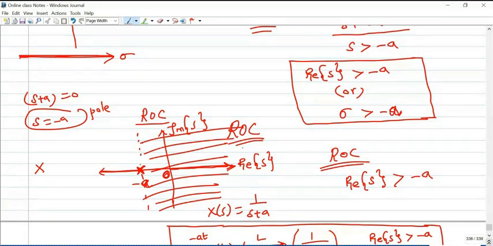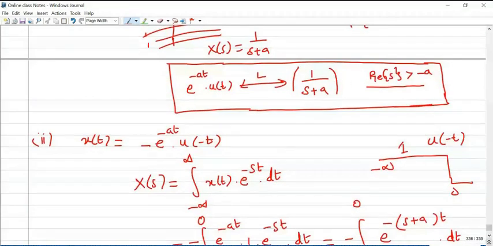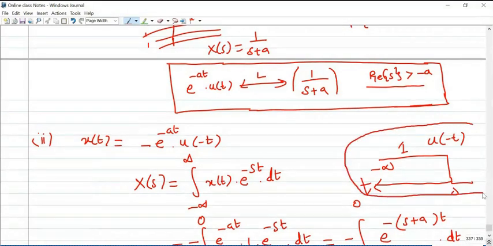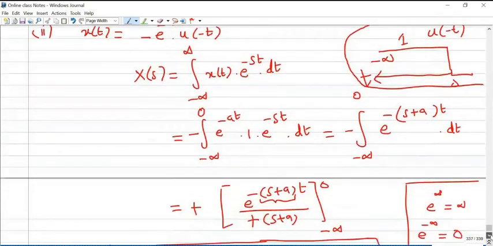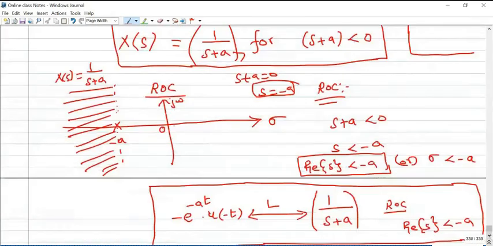That is the right side. Second problem, minus e power minus at u of minus t. U of minus t exists in the negative values of t, so this is a non-causal signal. If x of t is a non-causal signal, after finding the Laplace transform, we come to the conclusion that the region of convergence is left sided.